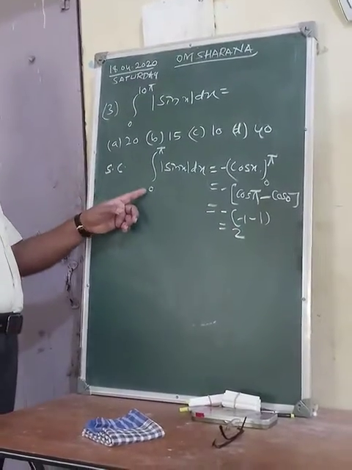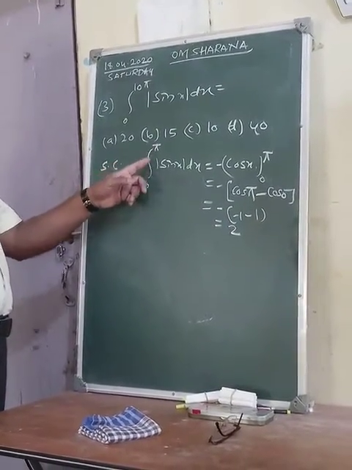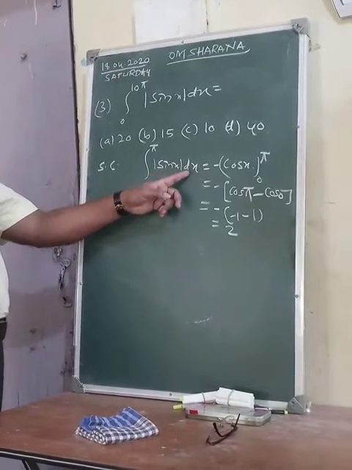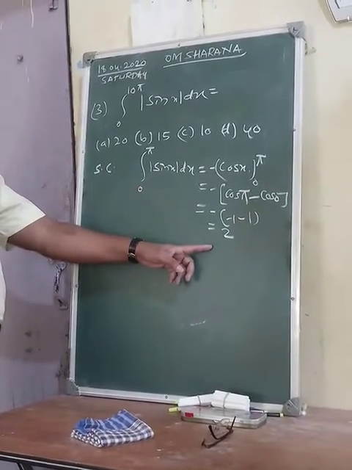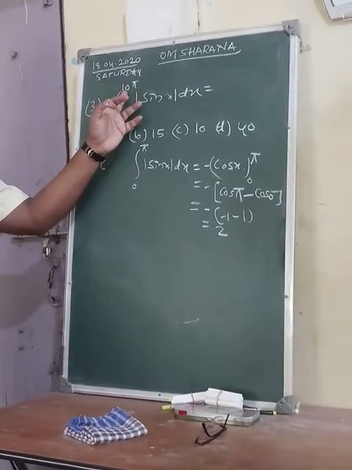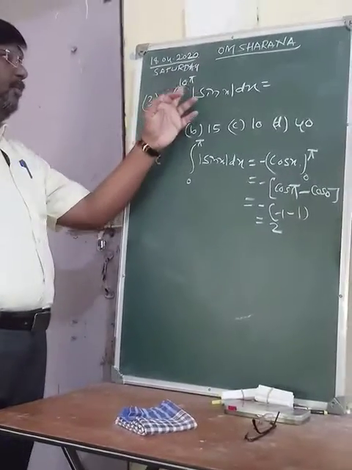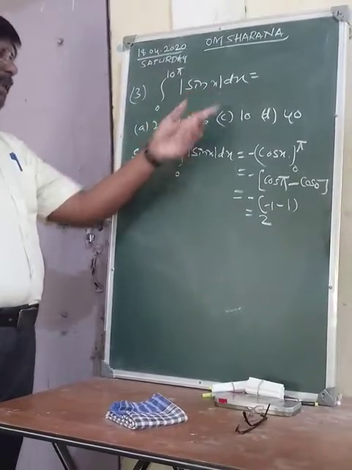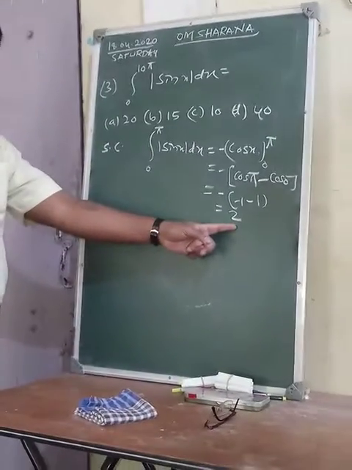So the value of the integral 0 to pi modulus sin x dx is equal to 2. First we have to find, whatever the limit may be, the integral 0 to pi of f(x) dx. Its value is 2 here.